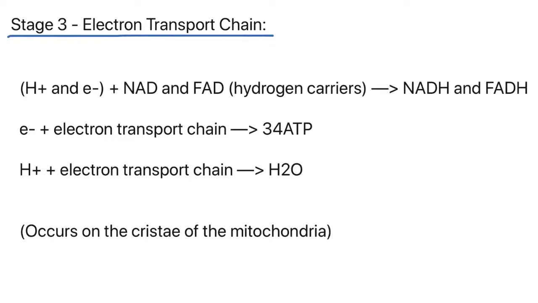And basically, what happens next is electrons plus the electron transport chain form the remainder 34 molecules of ATP, taking our total yield up to 38 molecules of ATP in the aerobic energy system. Protons, I should say, plus the electron transport chain get you that water. And this now occurs in the cristae of mitochondria. So get this down guys, and then we will move on.